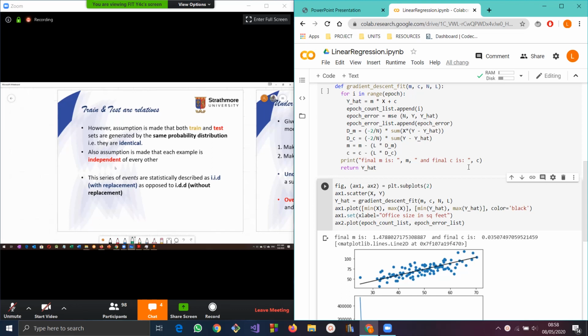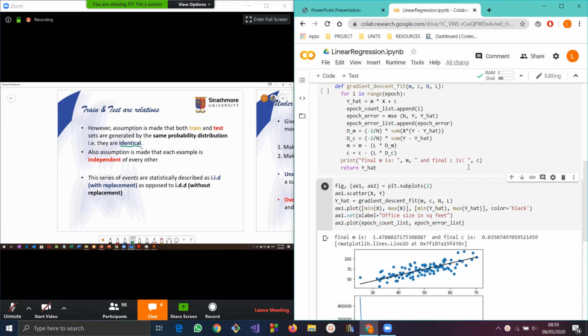So here's the thing from statistics. Both the train and the test errors come from the same probability distribution. They're actually relatives. So the assumption we are going to make here is that train and test error are identical.